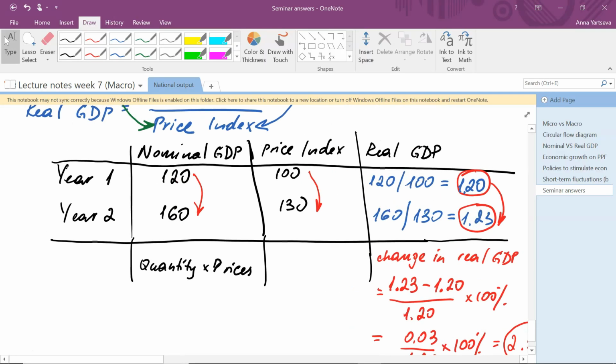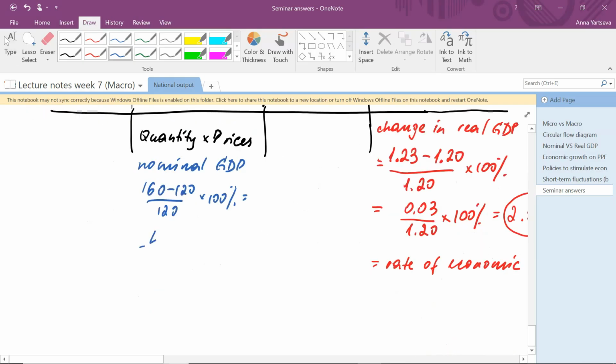In fact, if you look at these numbers, 120 and 160, it might look like your nominal GDP has increased by considerably more. 160 minus 120 divided by 120 times 100, which is going to be 40 divided by 120, which is a third, which is 33%.